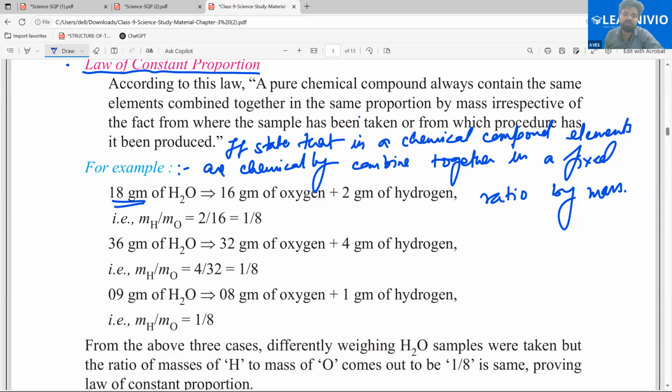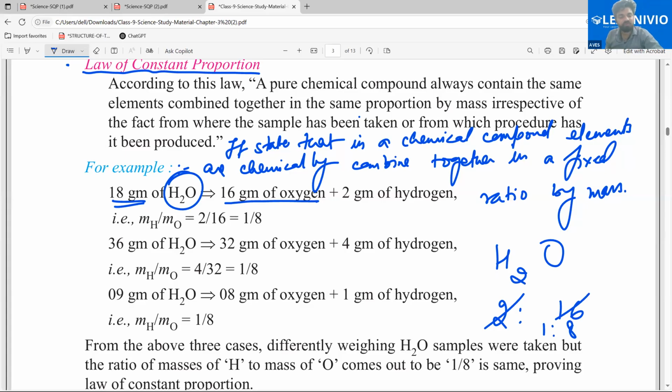If you are taking 18 grams of water, because water is made up of H2 and O, there will be 2 grams of hydrogen and 16 grams of oxygen. Cut it down and you get 1 is to 8, the simplest ratio for water. For every 9 grams of water you have 1 gram of hydrogen and 8 grams of oxygen.